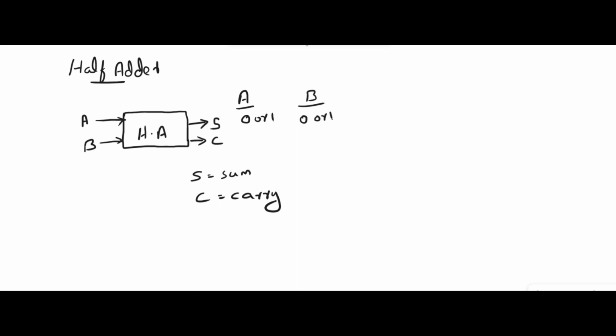First we will write the truth table of a half adder. So as seen in the figure, we have inputs and outputs.